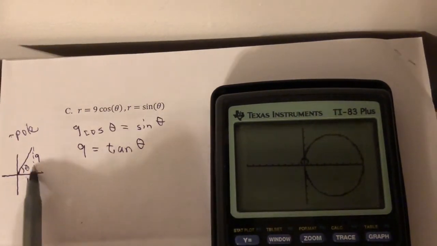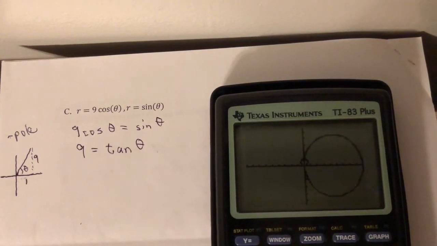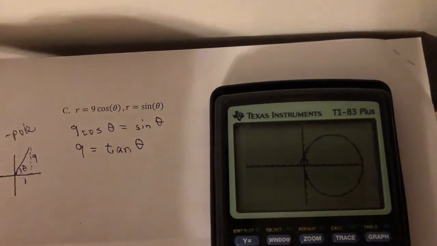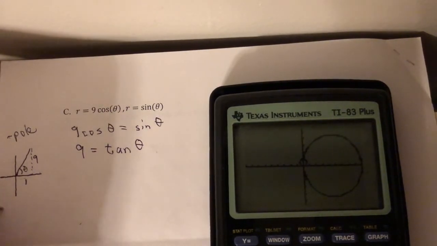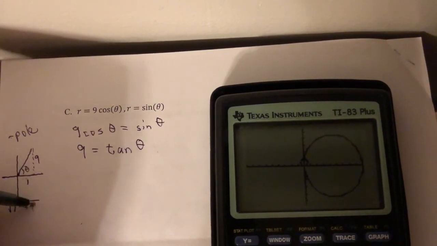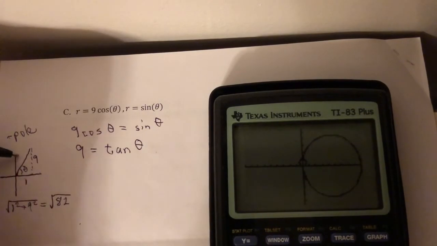Base length is 1, the height's going to be 9, right? Tangent's opposite over adjacent, so that's how I made my drawing. And that means my hypotenuse, if I use the Pythagorean theorem, is going to be square root of 1 squared plus 9 squared. So the hypotenuse is going to be root 82.